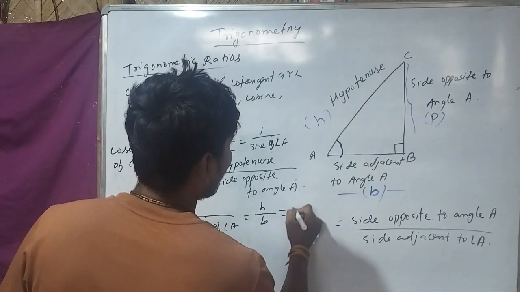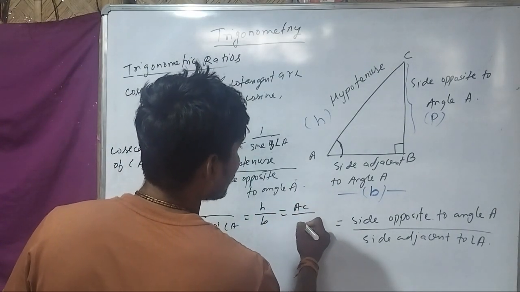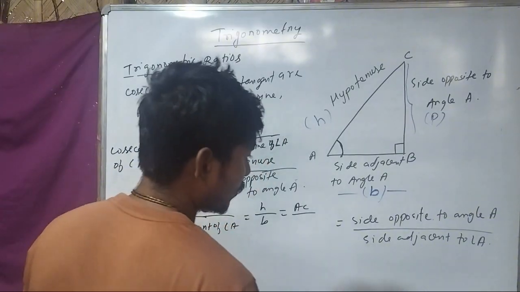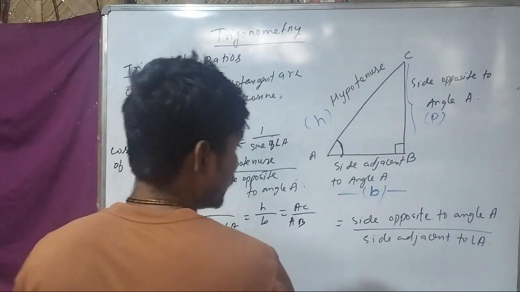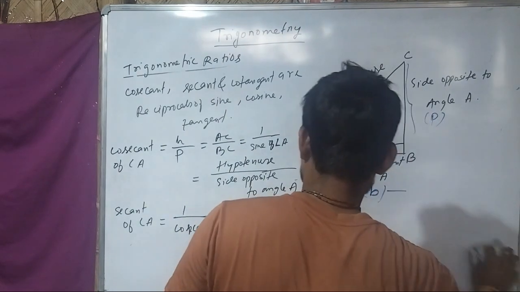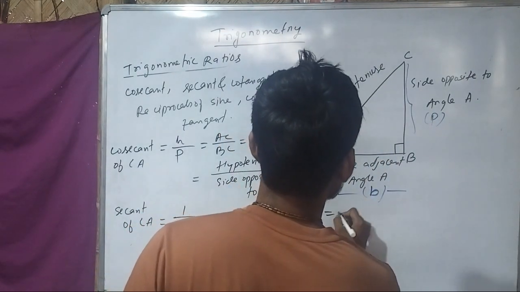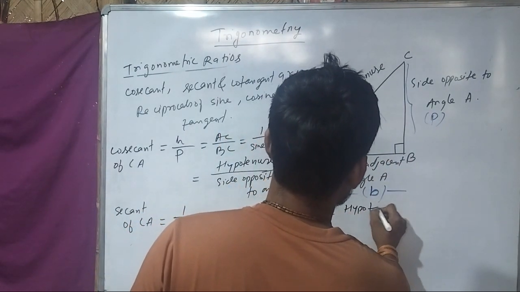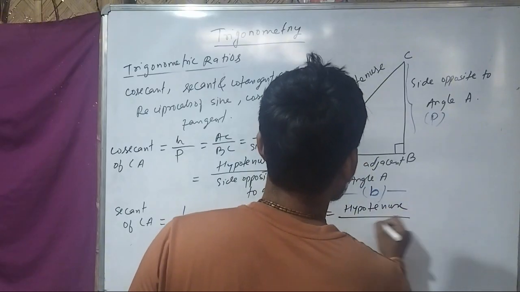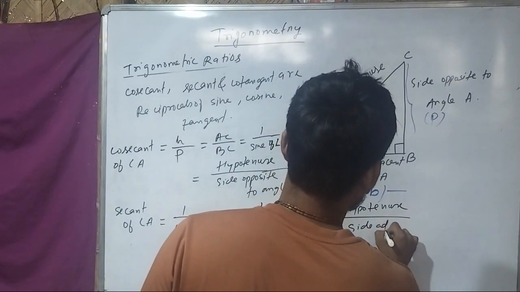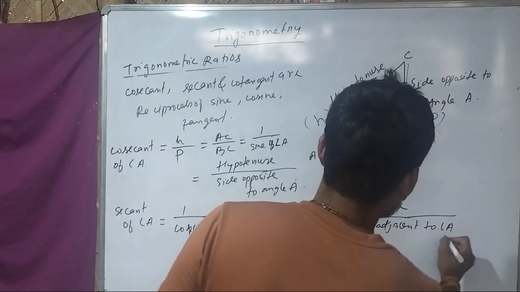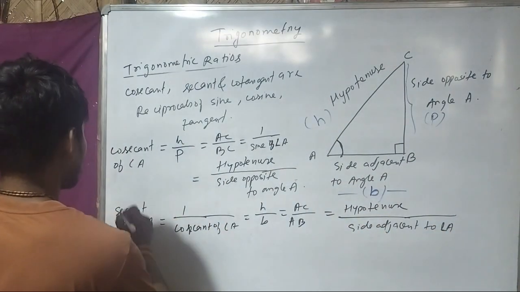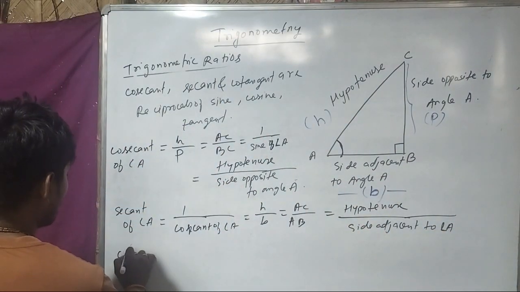That is AC by AB, where base is AB. AC is the hypotenuse and AB is the side adjacent to angle. And last is cotangent.